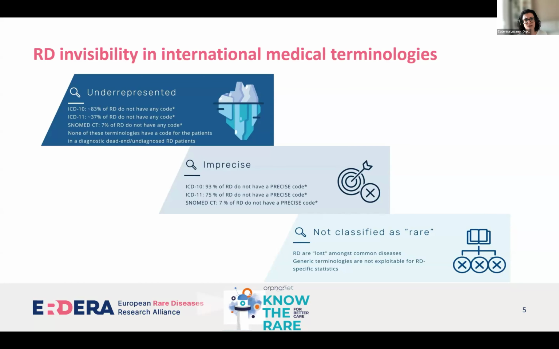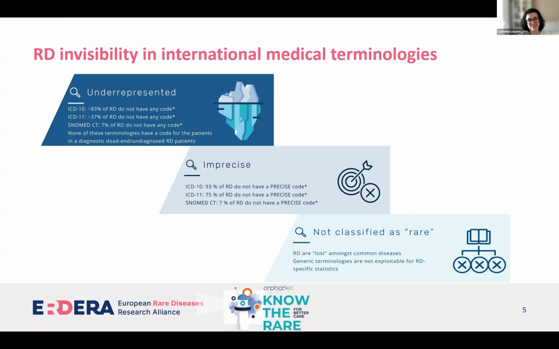I think that 80 countries all over the world at the moment also use SNOMED-CT. And if you go and look a little bit into these terminologies and you look for rare diseases, basically you see that in ICD-10, 83% of rare diseases do not have any code at all. 37% of rare diseases in ICD-11 do not have any code, and the majority actually don't really have a code in what we call the MMS, the main codes of the rare diseases, but they do have a URI, a link into their foundation.